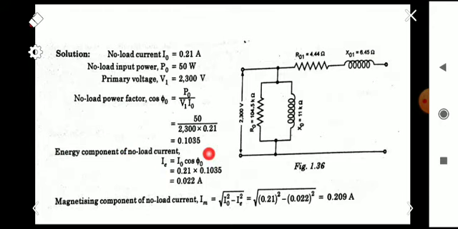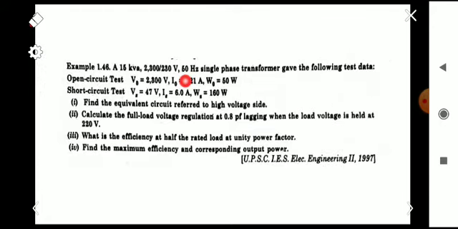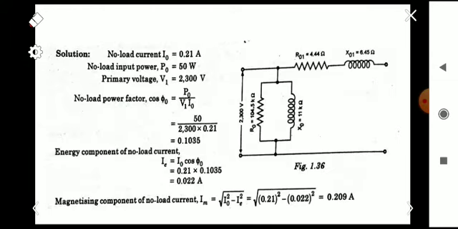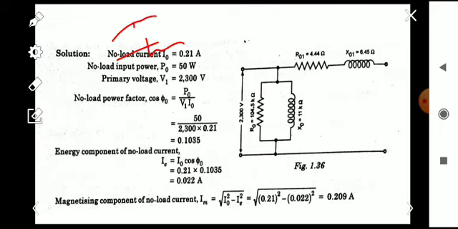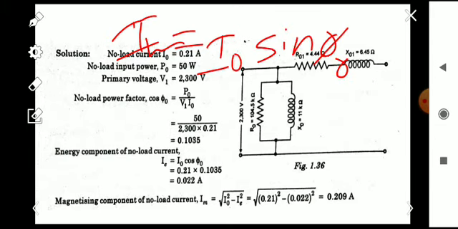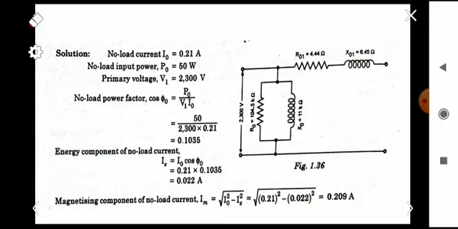Using this cos phi 0 we can find the energy component IE. IE is equal to I0 cos phi 0. I0 is 0.21 ampere, and cos phi 0 we have already found. Just substitute those values and we will get the energy component IE. For finding the magnetizing current Im, either we can use Im is equal to I0 sin phi 0, or we know that the no load current I0 is the vector sum of IE and Im, so Im is equal to root of I0 square minus IE square.